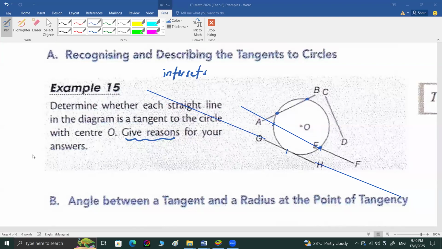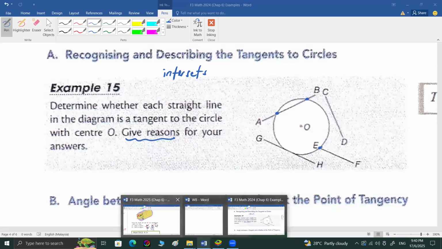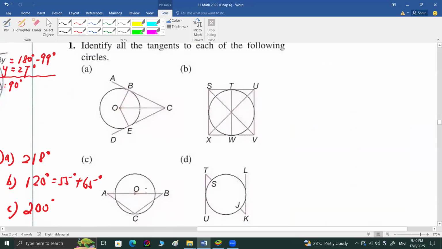Got it, class? Okay, now we look at my 6.3a question 1. Understand the meaning of tangent already, all of you? Okay, for this type of question, you're asked to identify all the tangents of each of the following.